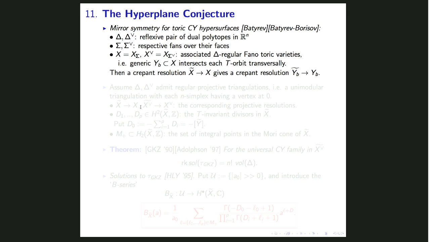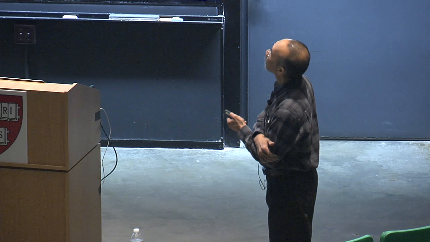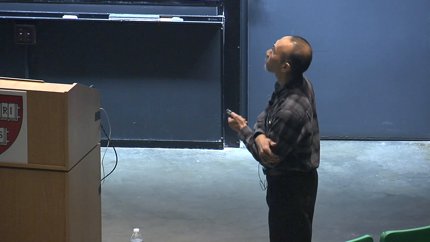The initial data is that you start with a pair of integral reflexive polytopes in R^n, and associated to these two polytopes is a pair of fans whose cones are nothing but cones over the faces of these polytopes. So once you have a pair of fans, you now have a pair of toric varieties.